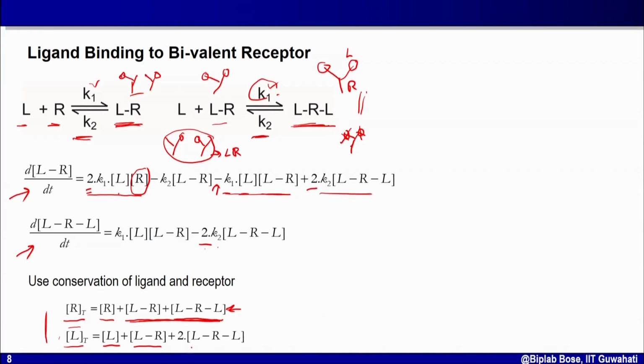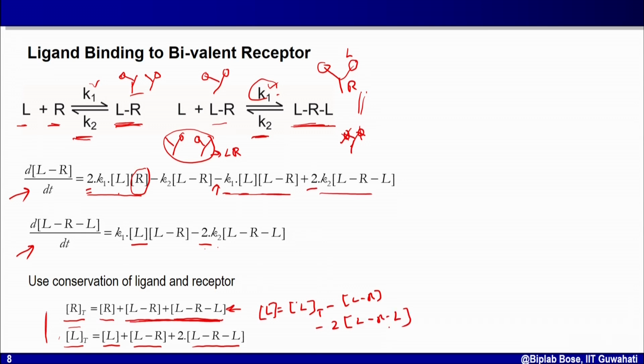So the total concentration of ligand consumed by this is nothing but 2 into the concentration of this complex, that is 2 into LRL. So that is the conservation rule. So I can replace L anywhere else: the concentration of L will be equal to nothing but LT minus LR minus 2 into LRL.